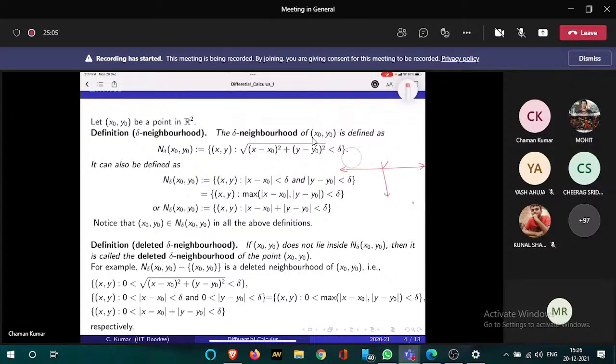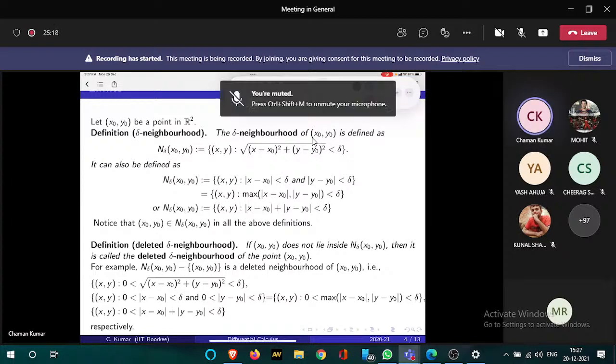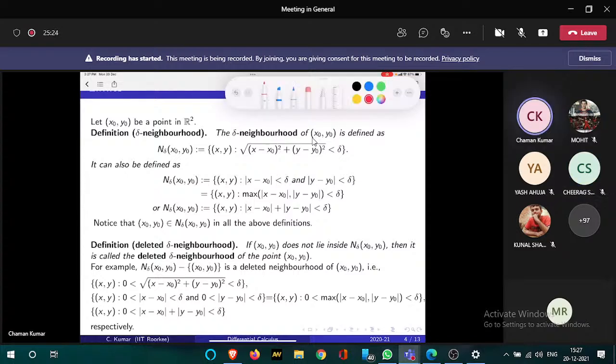Sir, why is it delta neighborhood, not alpha or beta? You can call it alpha, beta, whatever you want. Delta neighborhood is because mathematicians like to have a consistent symbol, just as you have a consistent grammar in Hindi or English. The grammar does not change from person to person.